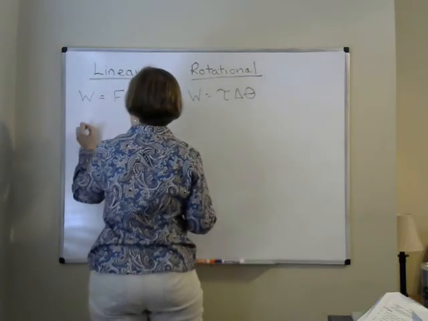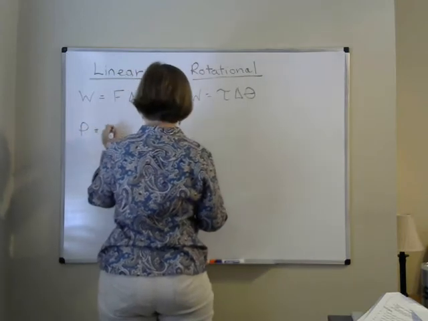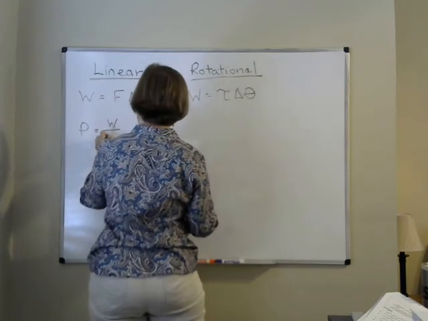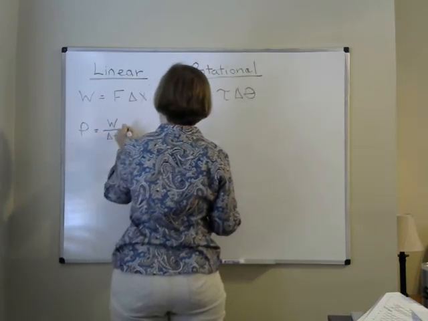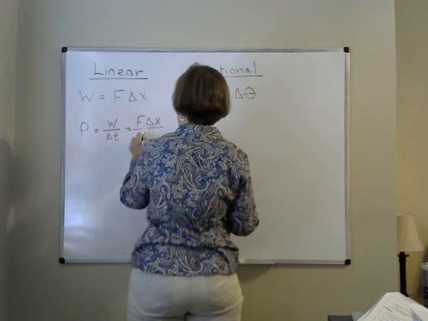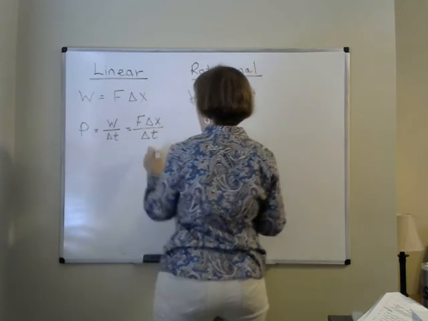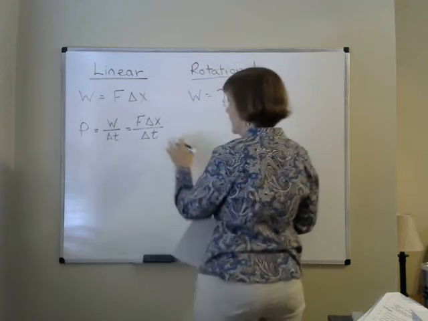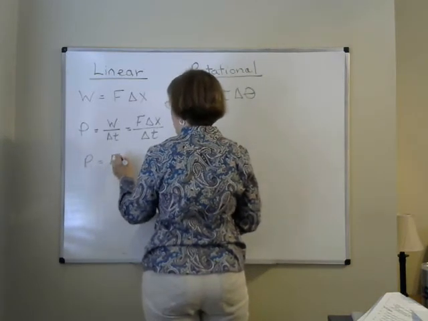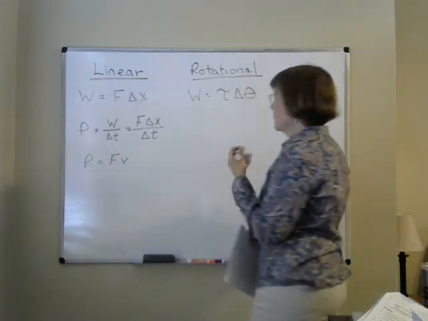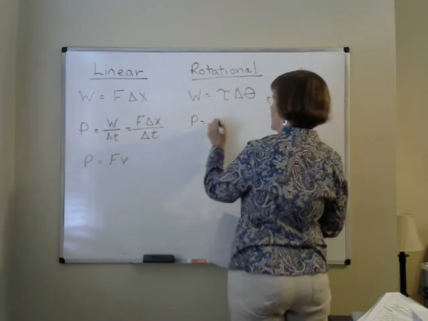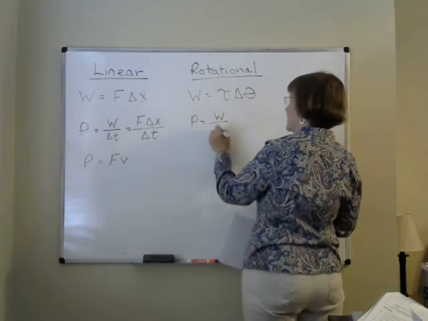Power, of course, is work over time, or if we're thinking linear, this can also be written then as power equals FV. If we're thinking rotational, power is still work over time.